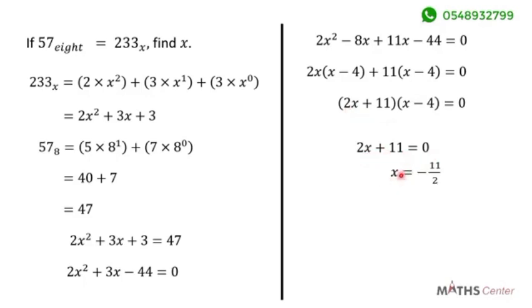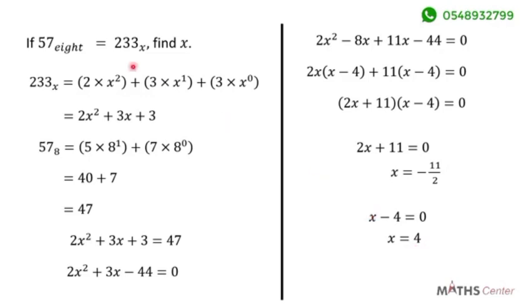When we simplify this, we will have x is equal to negative 11 divided by 2. And for the second bracket, we will have x minus 4 is equal to 0. And this will give us x is equal to 4. So we have two values of x here. The first one is x is equal to negative 11 divided by 2. And the second one is x is equal to 4.